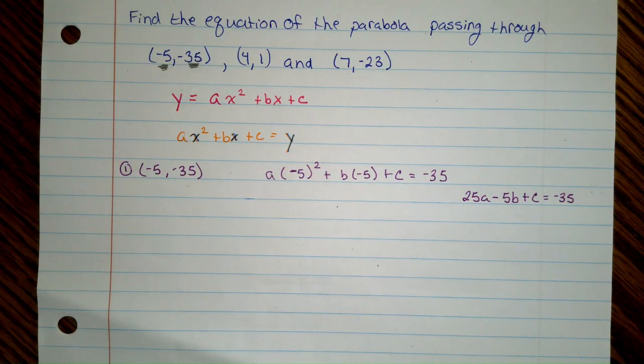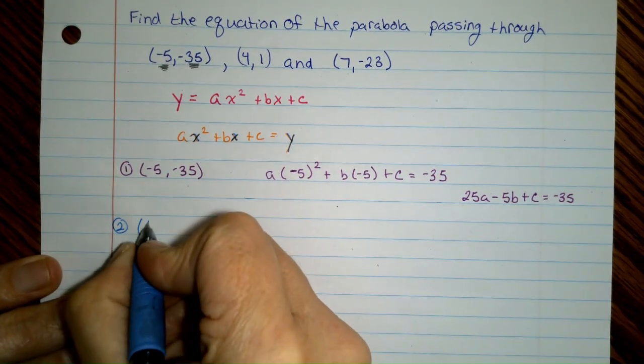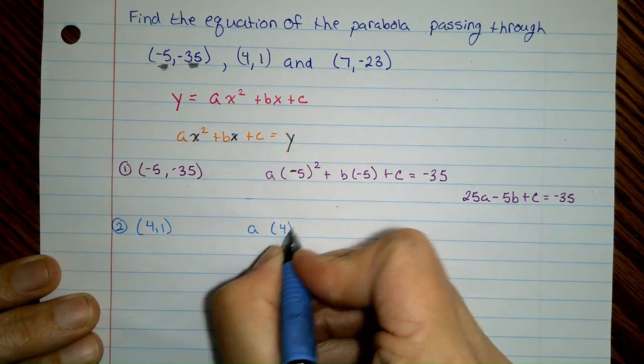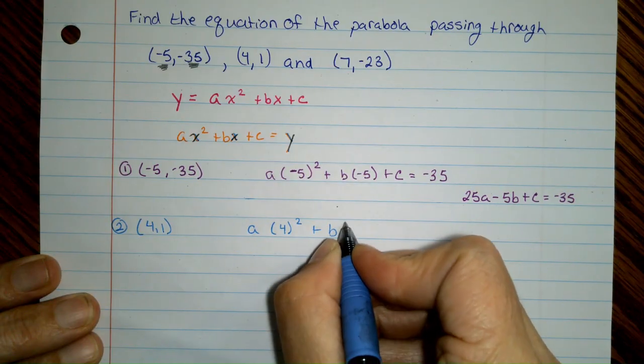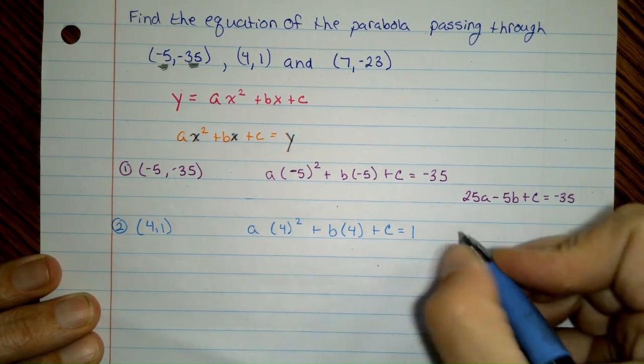You might notice that we have 3 variables, a, b, and c. If you've watched other videos, you might know where this is going now. So our second ordered pair was 4, 1. So we have a times our x value squared plus b times our x value plus c equals our y value.